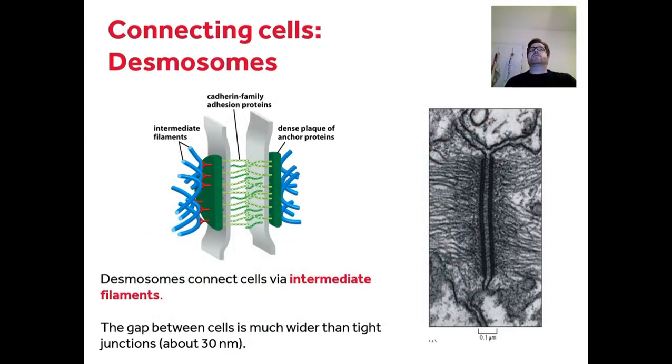The next kind of connector is what's called desmosomes. And again, the desmosomes are a looser kind of connection. Now this time, instead of connecting the cells via the actin skeleton, they actually connect to the intermediate filament networks.